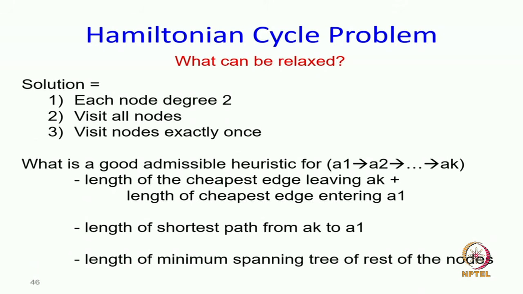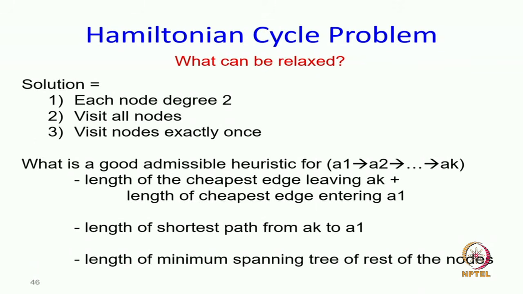But will the original solution, the path from AK to A1, also be a solution in the minimum spanning tree problem? Will it also be a spanning tree? It is a spanning tree, it is spanning every node. It is not necessarily the minimum spanning tree. So, the minimum spanning tree cost will always be less than or equal to the cost of the path from AK to A1. So, that is the intuition of how you come up with admissible heuristics.